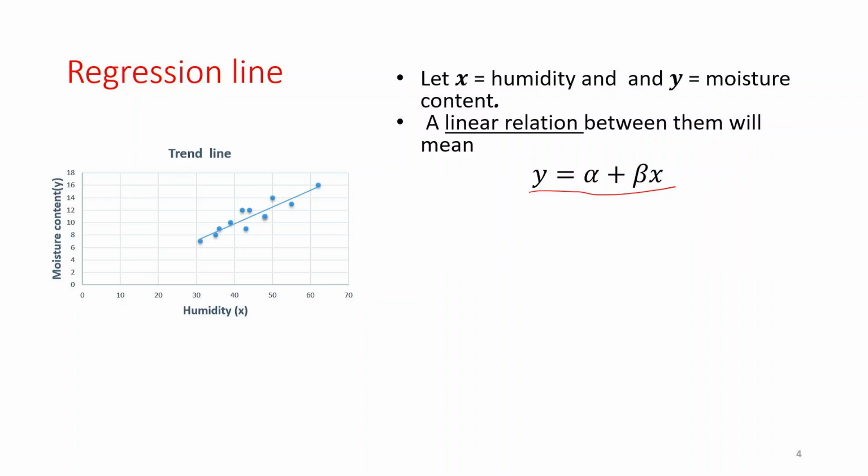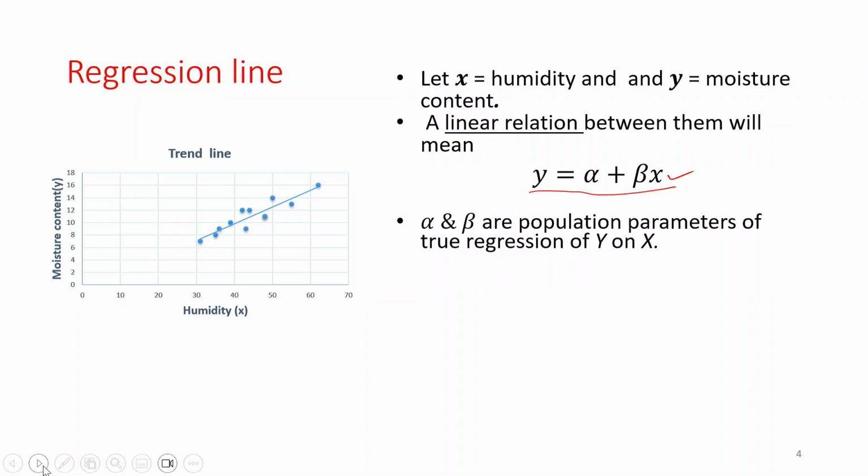In linear relationship, we are all familiar with the equation of a straight line. So this is typically the equation of a straight line, Y equal to alpha plus beta X. Alpha and beta are the population parameters of the true regression of Y on X.